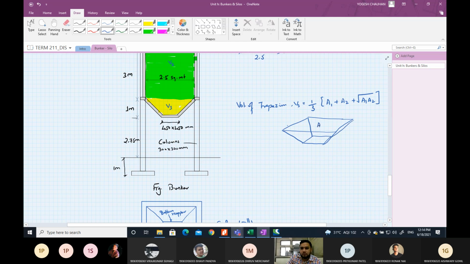So area at the top is A1, which in our case will be 2.5 by 2.5, that is the area at the top, and let the area at the bottom be A2, which will be 450 by 450, means 0.45 by 0.45.